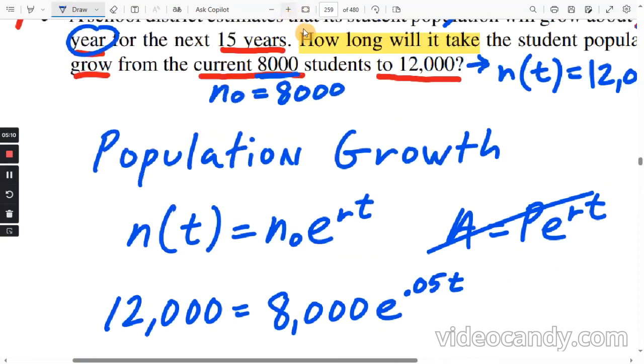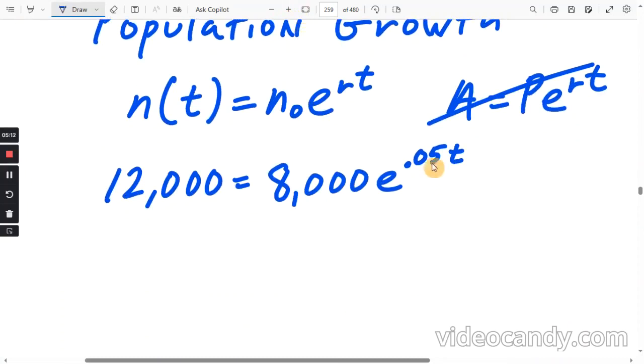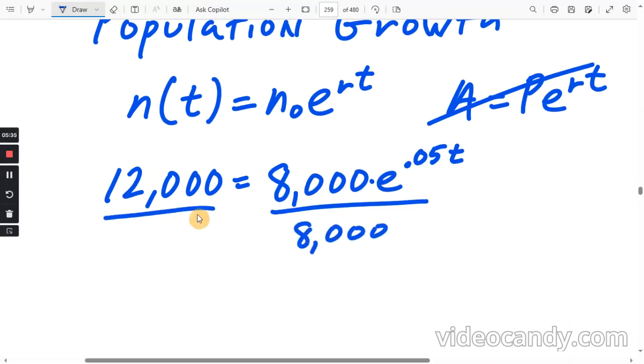And now let's see. We want to isolate t. How do we isolate an exponent? Well, we have to take the log or natural log of both sides. Now, the exponent is only applied to the e. It's not applied to the 8,000. So I want to get rid of that 8,000. This is 8,000 times e. The opposite of times 8,000 is divided by 8,000. So I'm going to do that to both sides. 8,000 over 8,000 is gone.